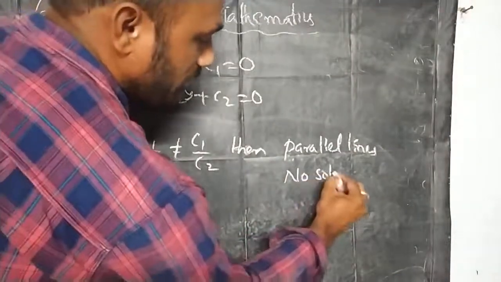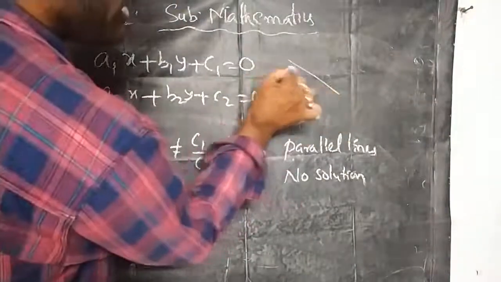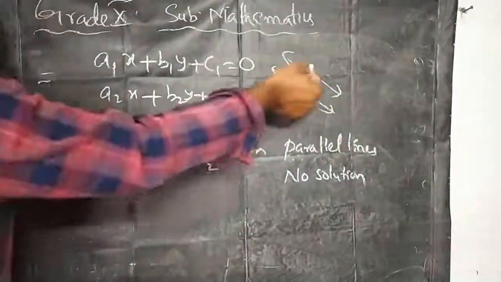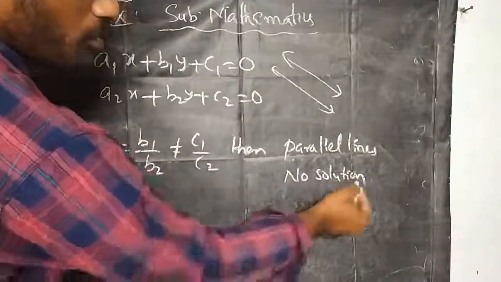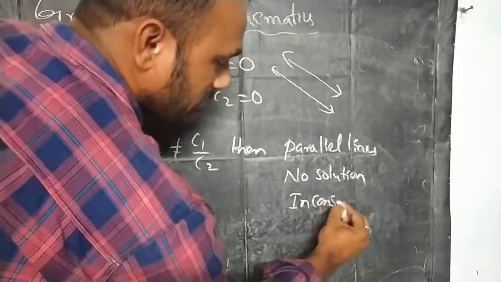Why? Because there is no meeting point between these two lines. Two parallel lines, if you see, do you find any common point? There is no common point at all. For that reason, we call it no solution, and we call it inconsistent.